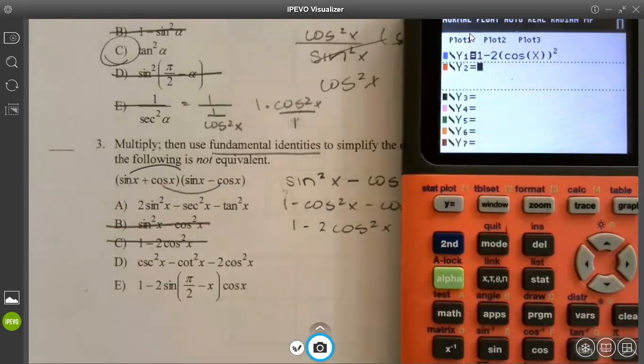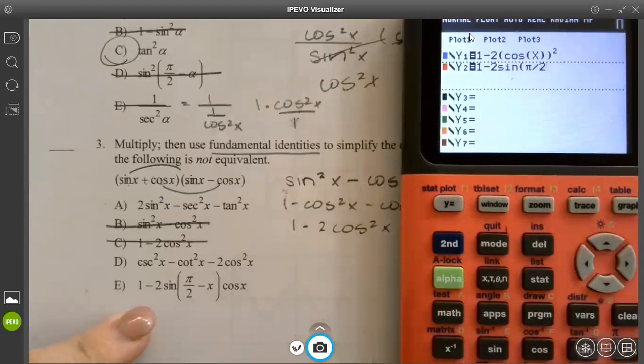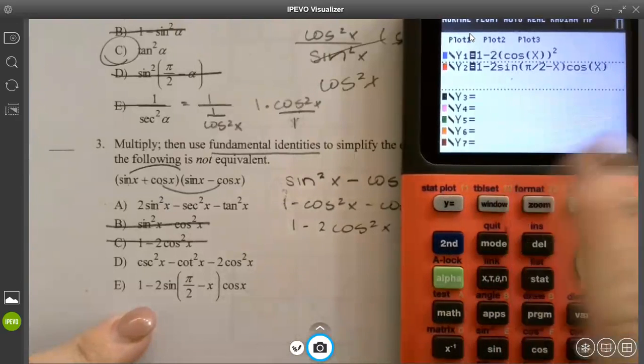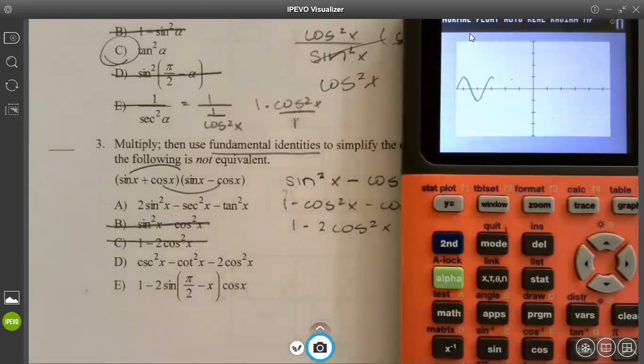Why is E easier? Sine and cosine, there's no fractions. We just type it straight in. So 1 minus 2 sine of pi over 2 minus x, close it, cosine x. Zoom trig. I did zoom trig, so it's a little bit easier this time and doesn't look like that heartbeat stuff.